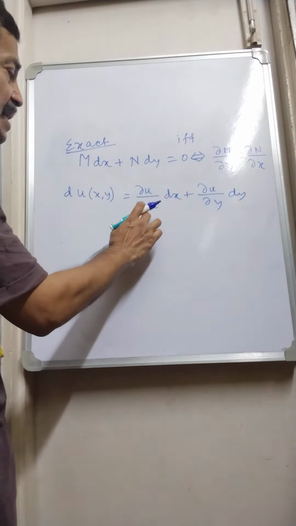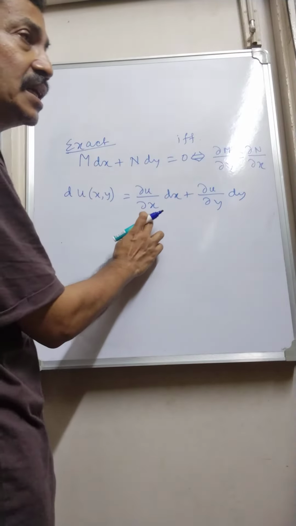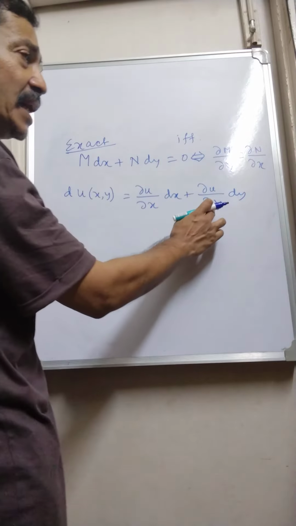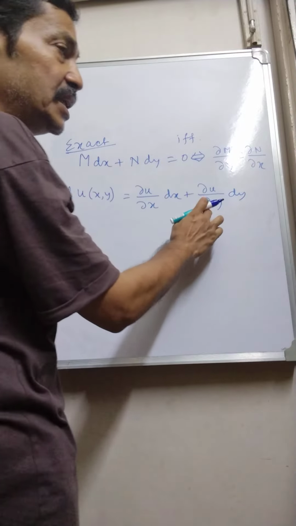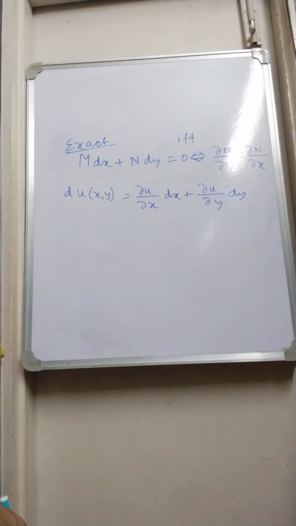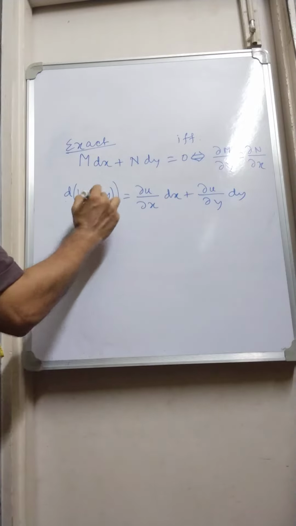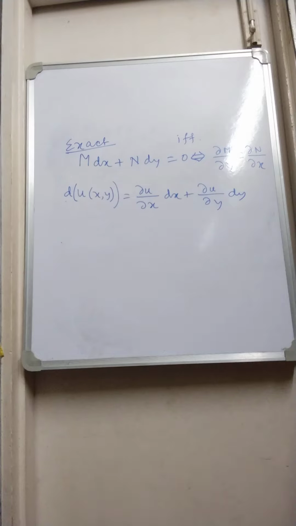Because ∂u/∂x is the rate of change of this variable with respect to x only, and we have multiplied it with dx, and ∂u/∂y is the rate of change of u(x, y) with respect to y only, and we have multiplied it with dy. So the total differential of this function u(x, y) is equal to ∂u/∂x dx plus ∂u/∂y dy.